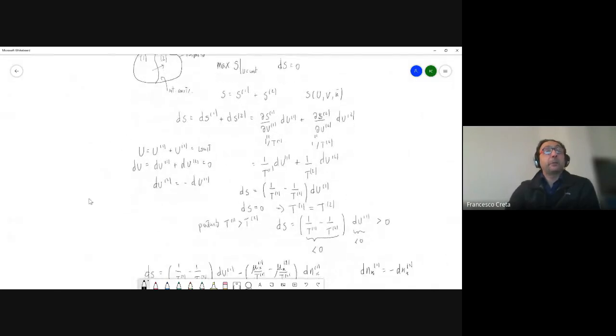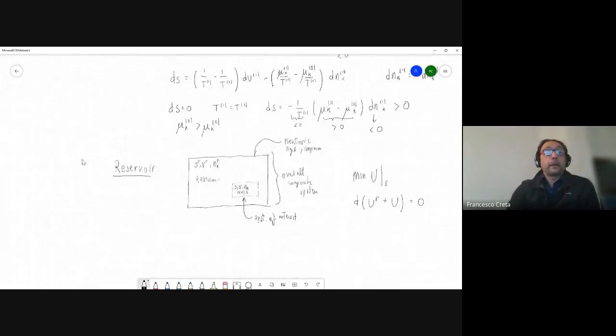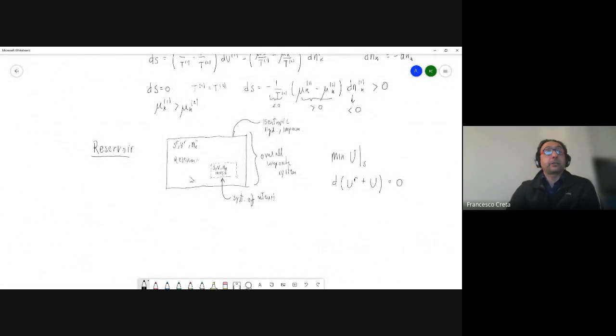Now I'm using a little trick here, the concept of this huge reservoir, and you'll see why in a second. I'll apply the minimum of internal energy. Because it's additive over constituent subsystems, you have U^R plus U.